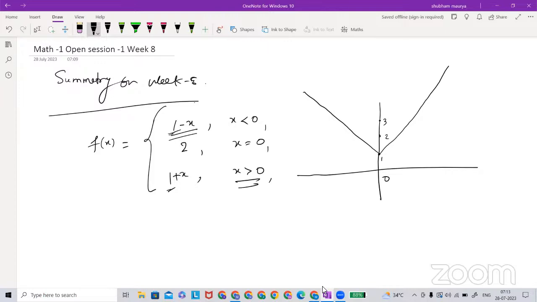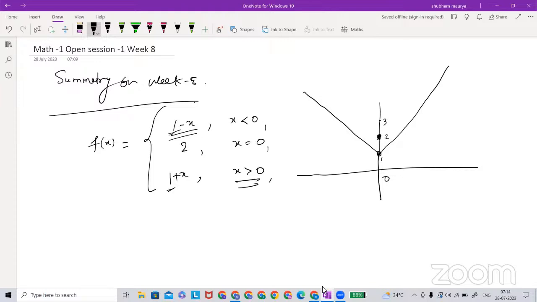But exactly at 0, the value is what? 2, not 1, it is 2. So exactly at 0 the value is 2, but here we can think of an open circle, meaning the function value is not assumed at that point. So this is the function we have.